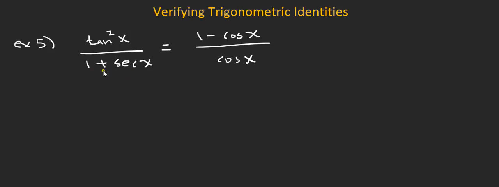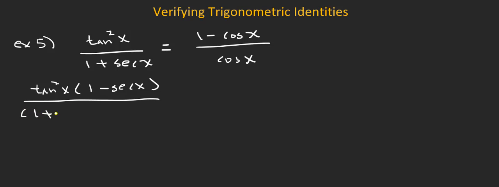I'm going to multiply by the conjugate and see what happens. Okay? So quantity 1 plus secant x, quantity 1 minus secant x. I'm multiplying the top and bottom by the conjugate.